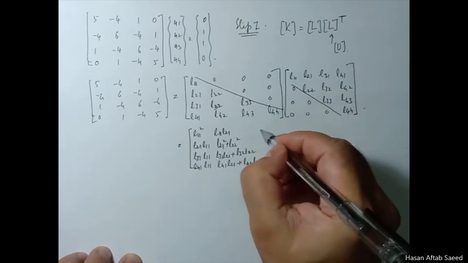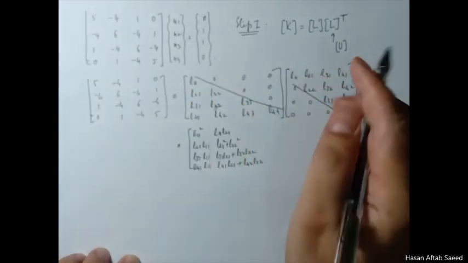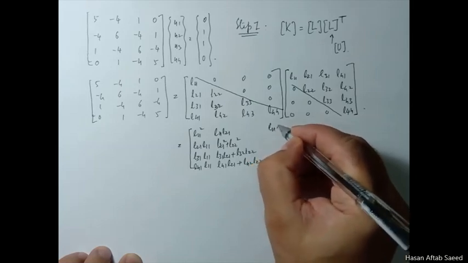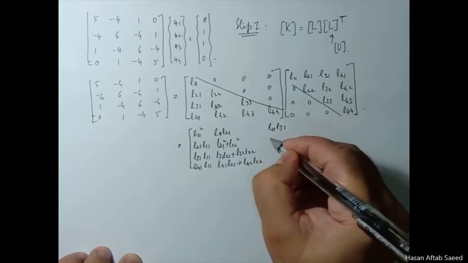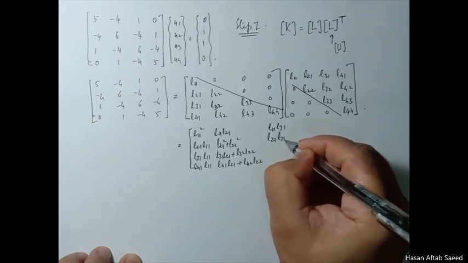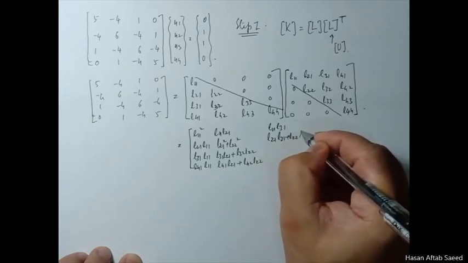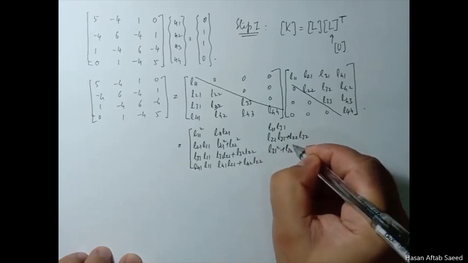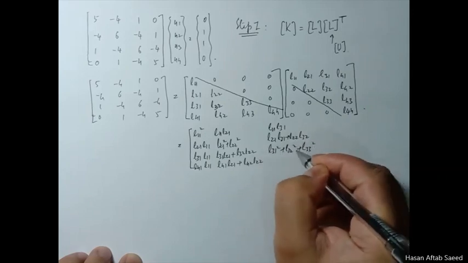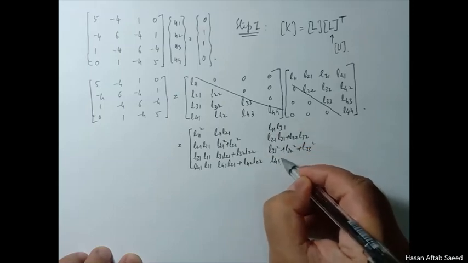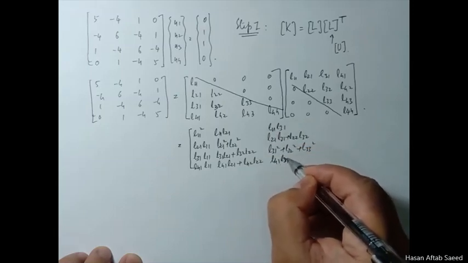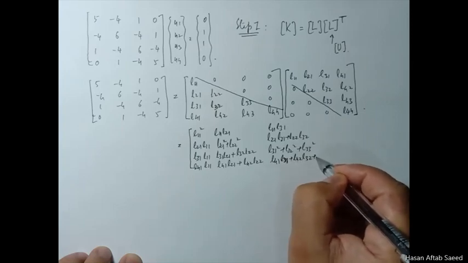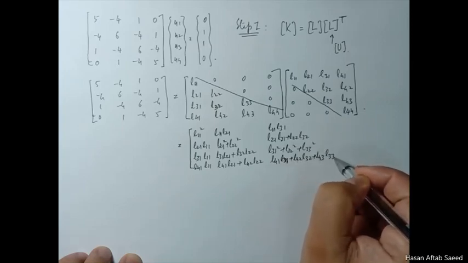Third one, we are just taking the product of two matrices. Third one is, please verify these calculations, L11, L31, L21, L31 plus L22, L32, L31 square plus L32 square plus L33 square, L41, L31 plus L42, L32 plus L43, L33.